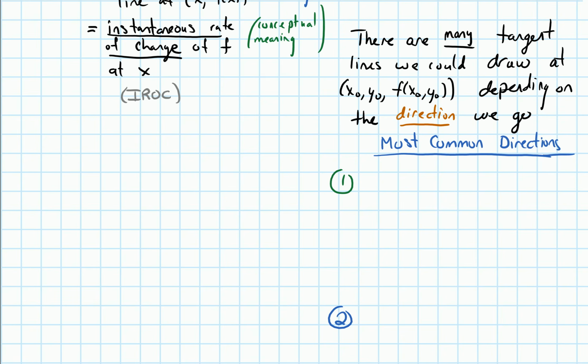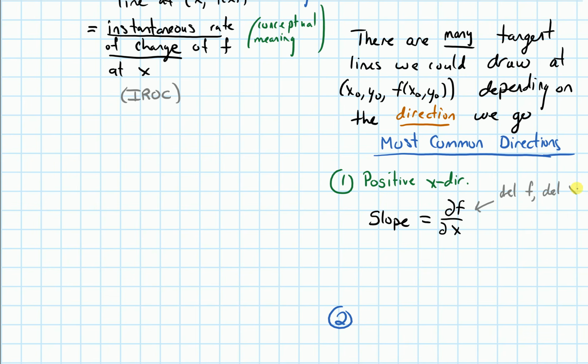The most common ones are: we could take this tangent line in the positive x direction, which was one of the ones we did in the graph above. When we do that, we write the slope as, and I'm going to introduce some notation, this curvy d, f, curvy d, x. The way I say this is "del f, del x."